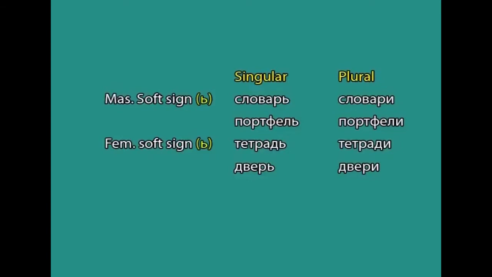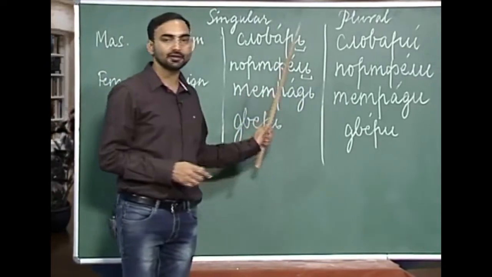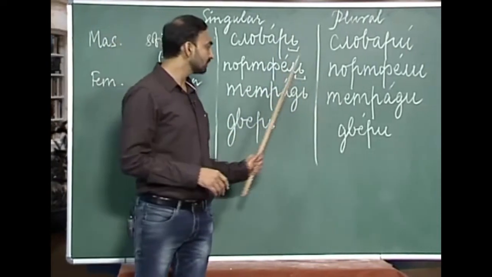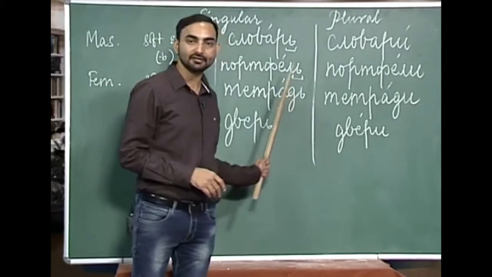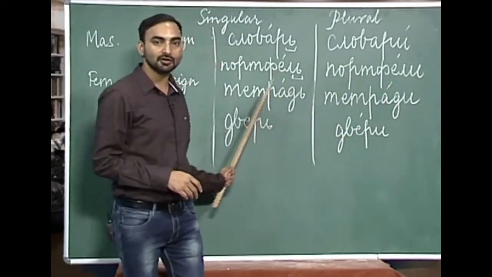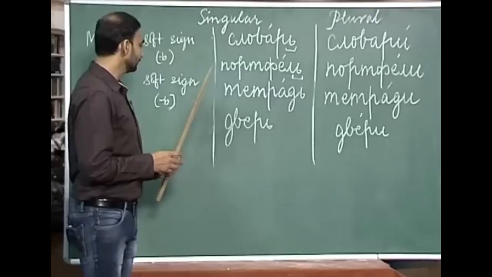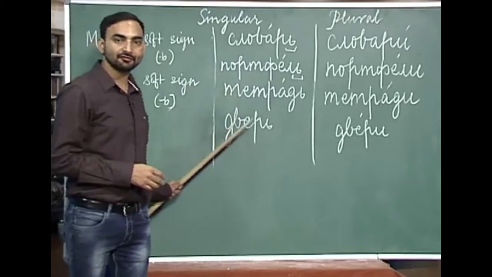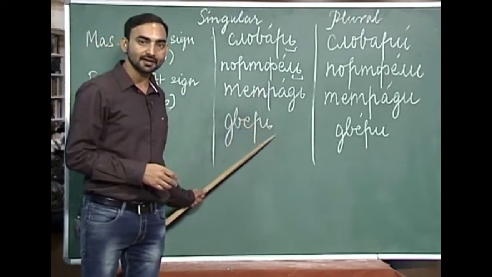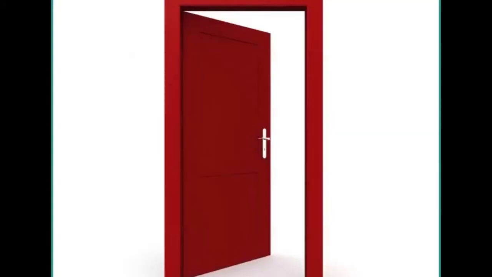The first word I have written here is Chitraj, notebook. And what is the plural of Chitraj? Again we are replacing the soft sign with soft vowel E. So, the plural of Chitraj is Chitraji, notebooks. The same way, the next feminine gender noun with soft sign ending is Duer, which is door.